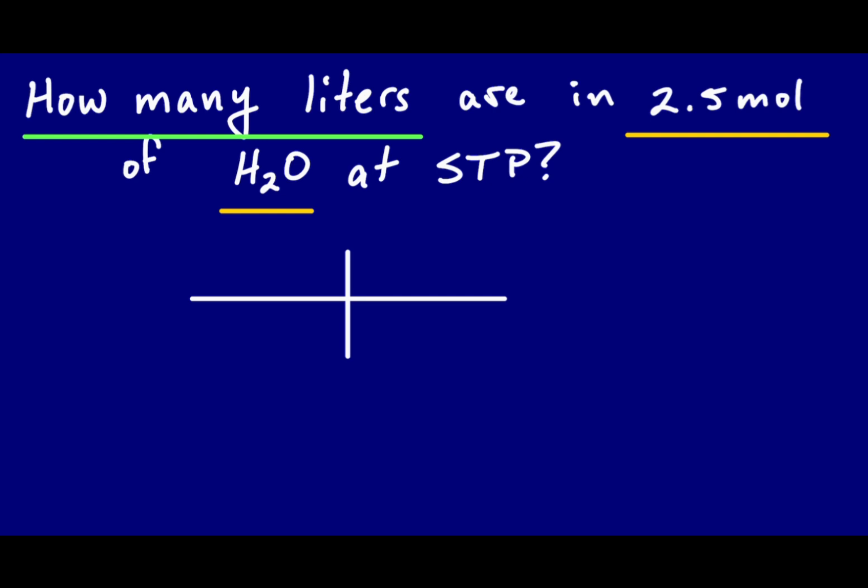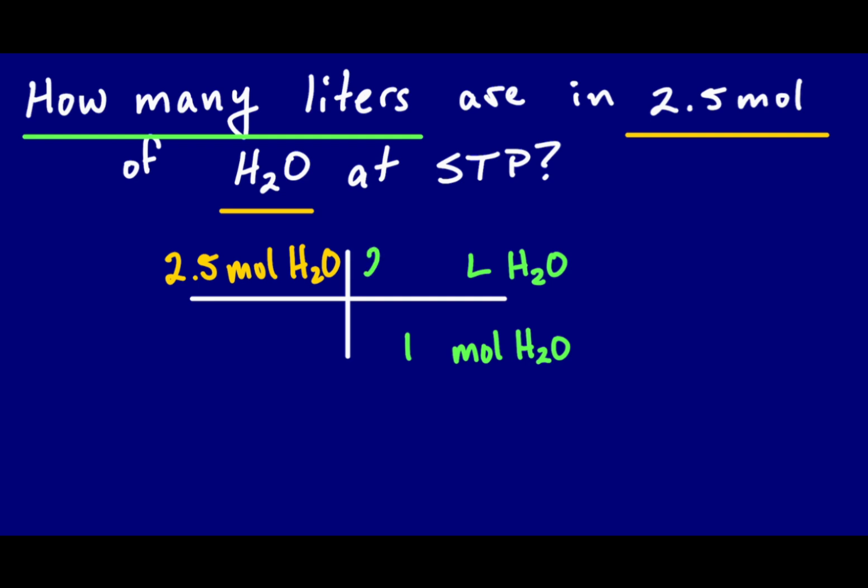Given value goes in the numerator of our first fraction. Now we have to think about how do we set up the converting factor in its fraction. So it's 22.4 liters for every 1 mole. We want moles of H2O to cancel, so they have to be diagonal. And then if we think about how the fraction of molar volume is set up, it's liters per mole. So if moles are in the denominator, that means liters will have to be in the numerator. So for every 1 mole of water, we would expect there to be 22.4 liters of water.